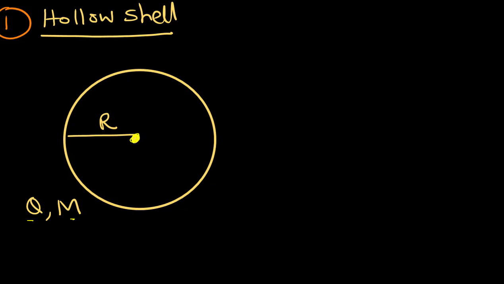So for example, we would be interested in finding out the gravitational field at this particular point P, which is at a distance small r from the center of the sphere.